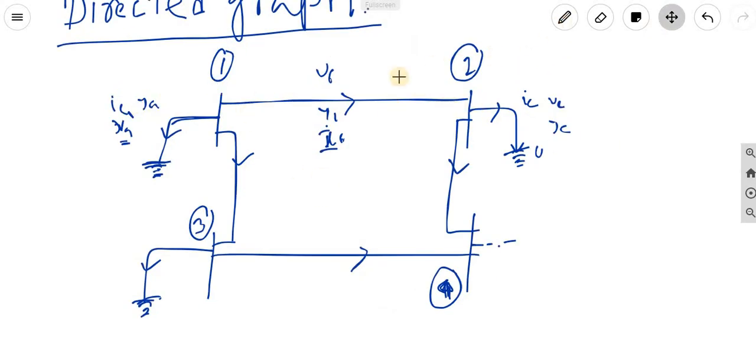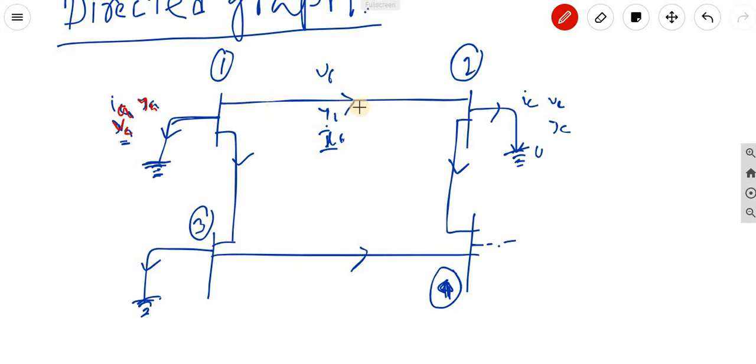Suppose IA is the current flowing through this branch, YA is the admittance of this branch, and VA is the voltage of this branch, the branch voltage.